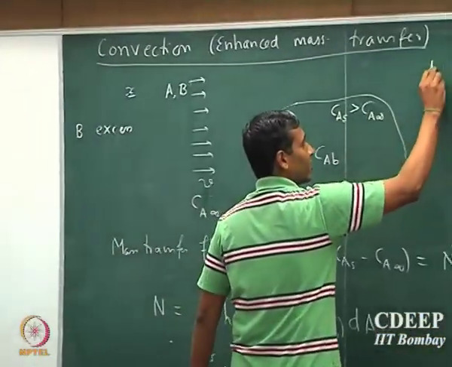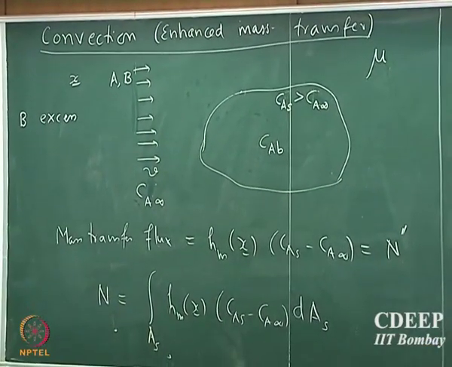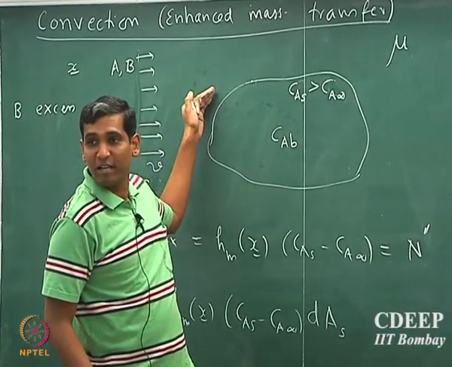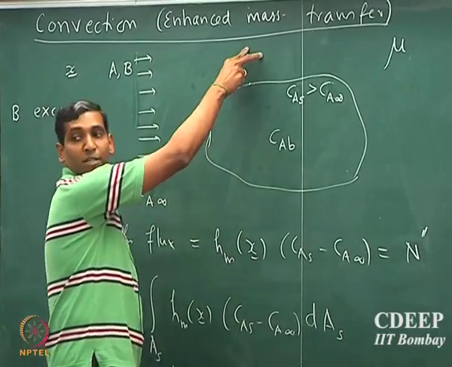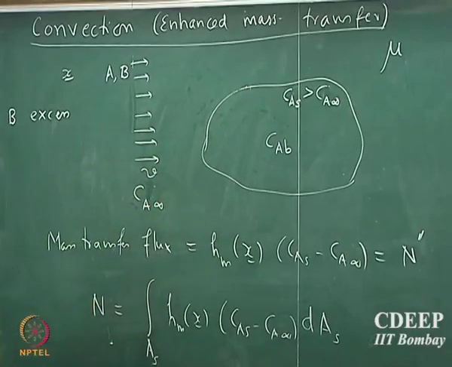Have you heard of chemical potential? Must have heard of chemical potential, right? So what you have to match at the boundary is actually an equilibrium between the species which is present in the gas phase and the species which is present in the bulk phase.